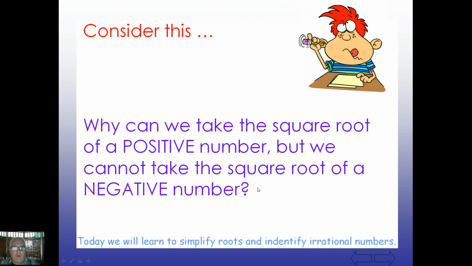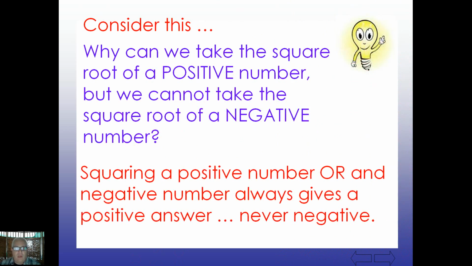So consider this. Why can we take the square root of a positive number, but we cannot take the square root of a negative number? Well, the reason is that squaring a positive number or a negative number always gives you a positive answer, never negative. So, for example, if I take my little trusty pen here, 3 squared is going to be 9.